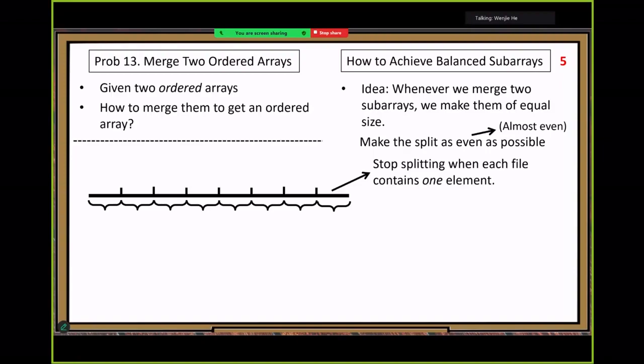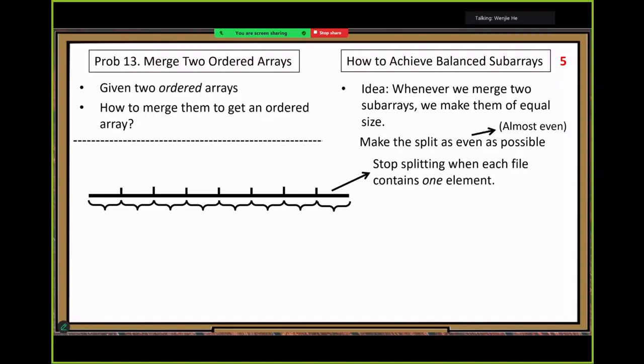Then we need to do the merge operation. When we do the merge operation, we merge two adjacent subarrays. We start doing the merge operations bottom up. All of our subarrays have very small sizes, so we merge them from the bottom.